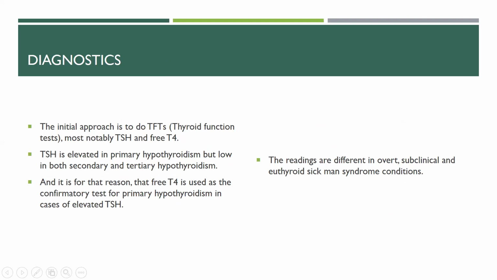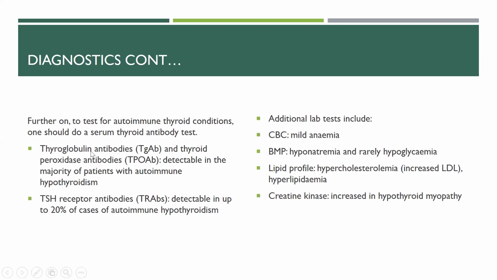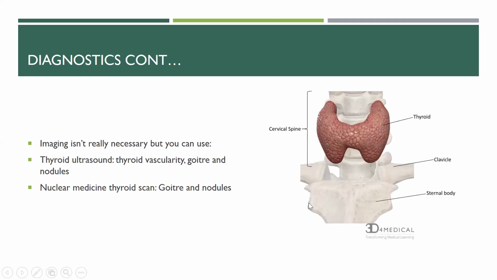If you have answers beyond that, then you come to the antibodies. And then you move to additional lab tests like CBCs, your BNPs, your lipid profile, then creatine kinase, and then imaging. As a last step, because that's not really what we do in hypothyroidism. But you can just mention thyroid ultrasound and nuclear medicine thyroid scan.